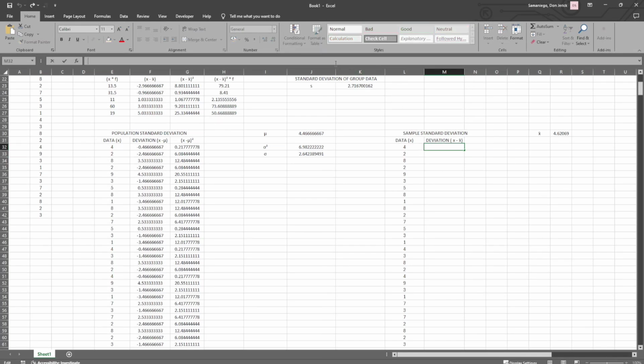X minus x bar is simply equal to the data x minus the x bar, then press F4, then spread.